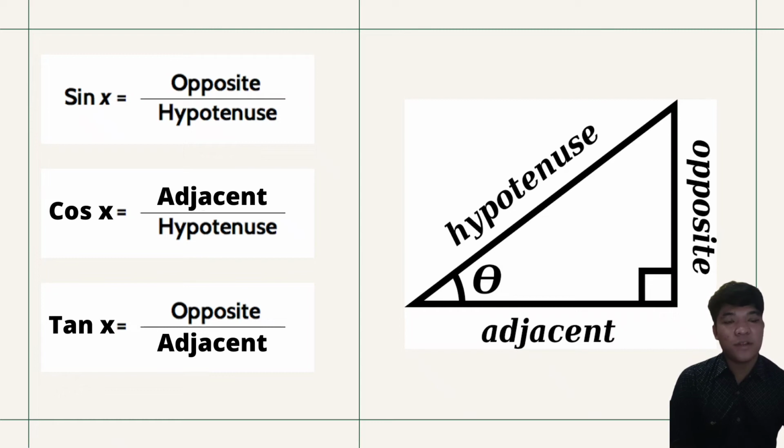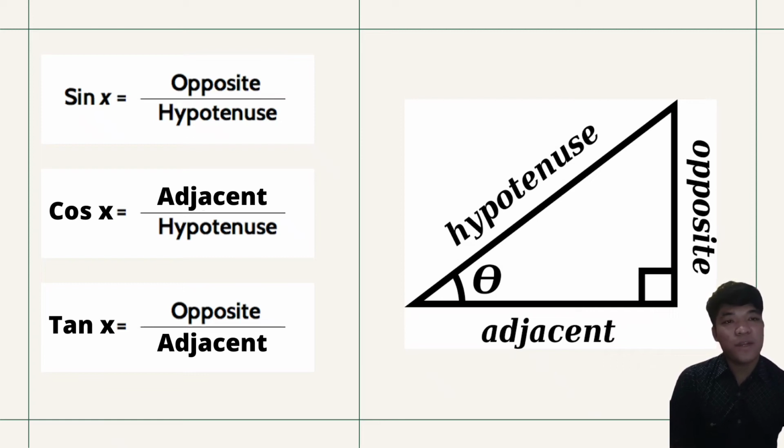It is called a right triangle because there exists a 90-degree angle. And the hypotenuse can be seen opposite the right angle of the triangle. So the right angle is at the bottom, then the slant line is the hypotenuse.